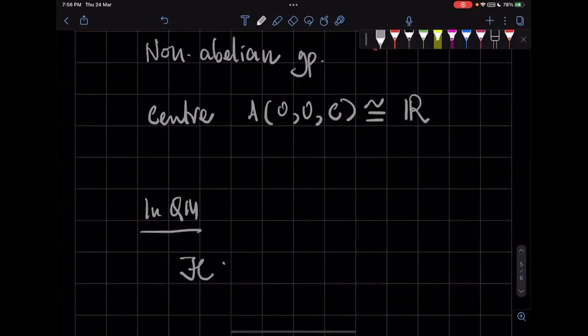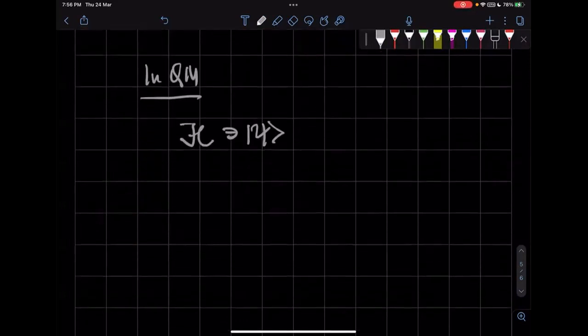The Hilbert space is the space where the state vector of the system lives, a vector space. Now, suppose that you have the momentum operator P, and you can measure it.